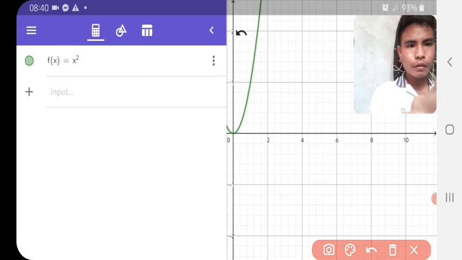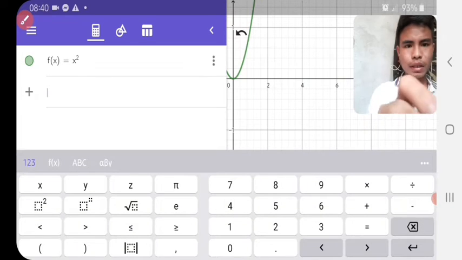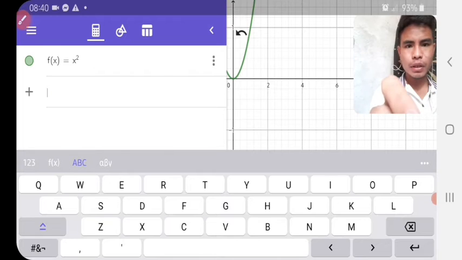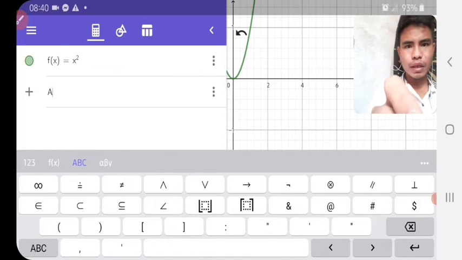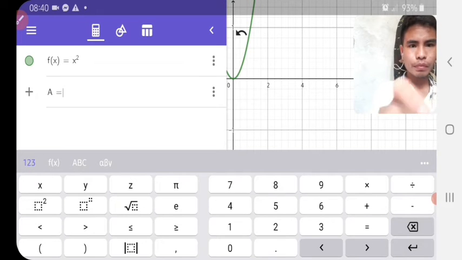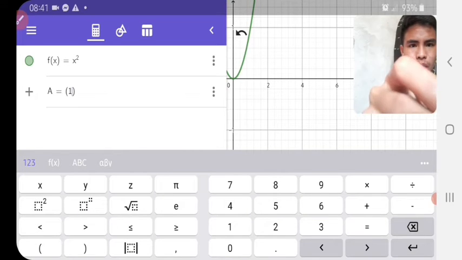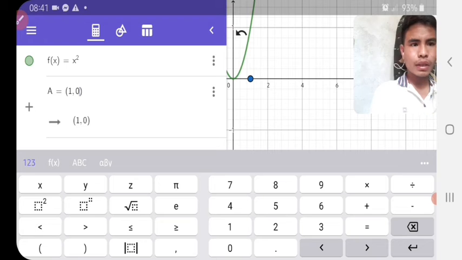Let's have, for example, a point A. Let's have our A here, which is equal to the coordinate point 0.